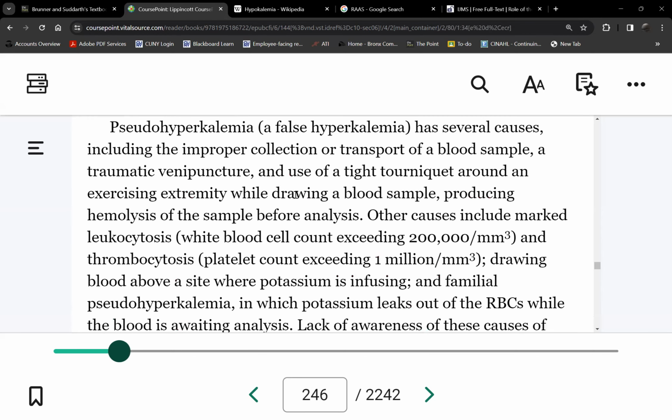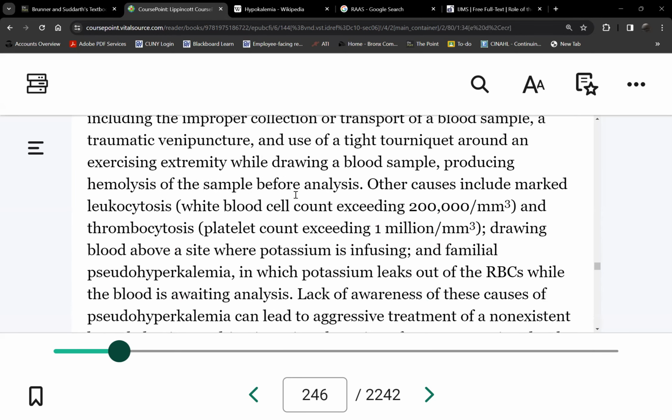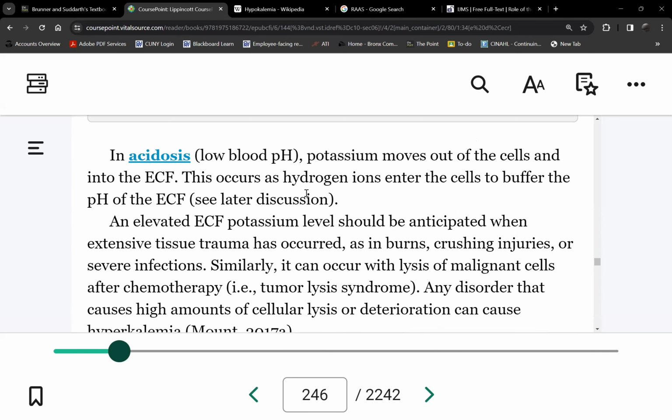By the way, I won't do the cost, but just be aware that hyperkalemia is quite common in septic patients. Patients who are dying, in shock, for instance sepsis, anytime they have an acidotic condition, even in kidney failure.